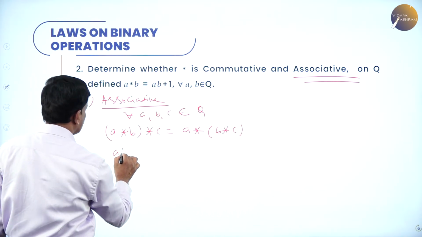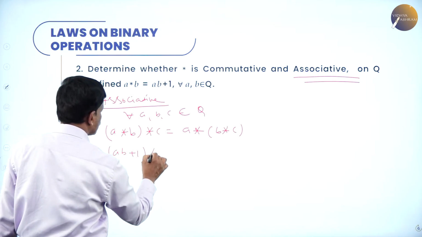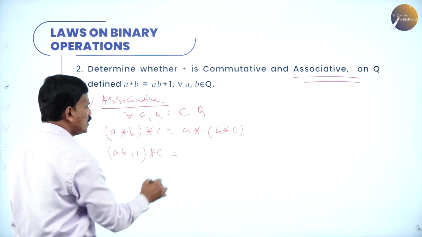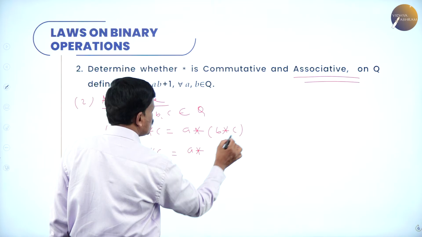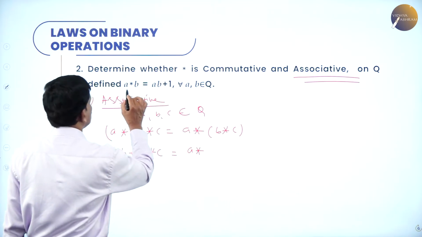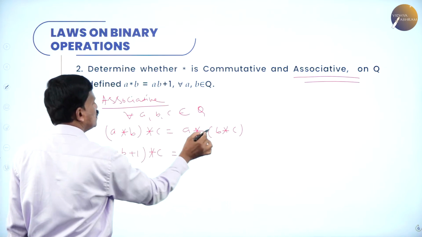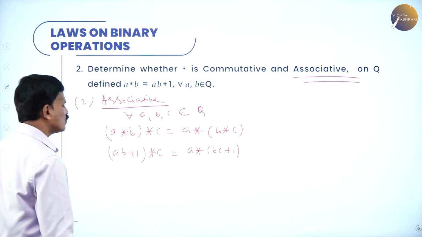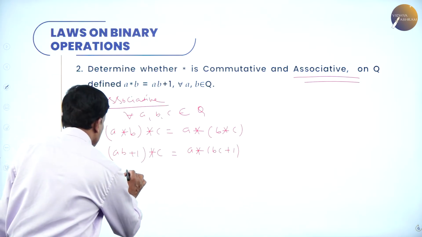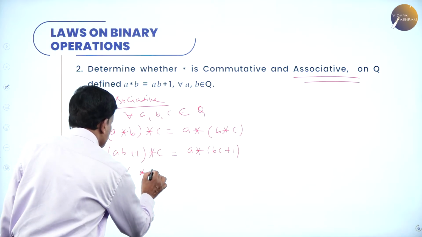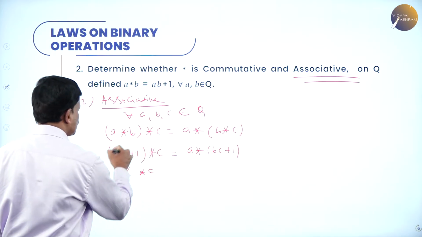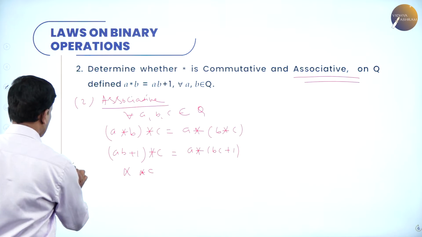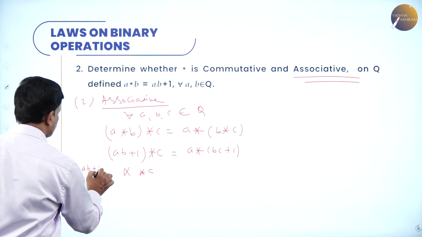(A star B) is equal to AB plus 1, star C. Now, here A star, what is B star C? Since A star B is equal to AB plus 1, B star C can be written as BC plus 1. Now, let us consider this as X star C. Now, what is X here? X is equal to AB plus 1.